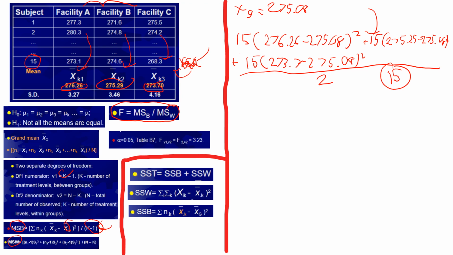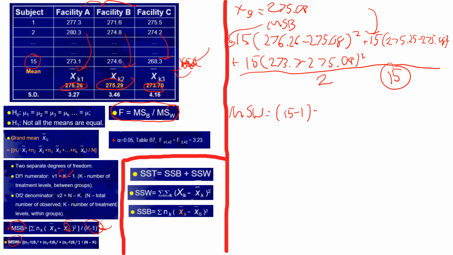Next up, we need the mean squared within. So this was, I should have written like an equal sign, this was mean squared between. Mean squared within is a little easier because it's just another summation. It's our samples minus 1, so it's 15 minus 1. I'm going to write that as 14 from now on, times our standard deviation 1.